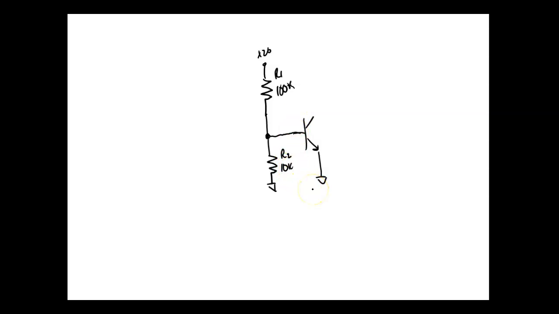It's a voltage divider. So the sums of the voltage drops in the series circuit have to equal the applied voltage. So I would say, okay, VR2 would be equal to 10, and I can drop the K. Why can I drop the K? It's on the top and the bottom, divided by 110K.